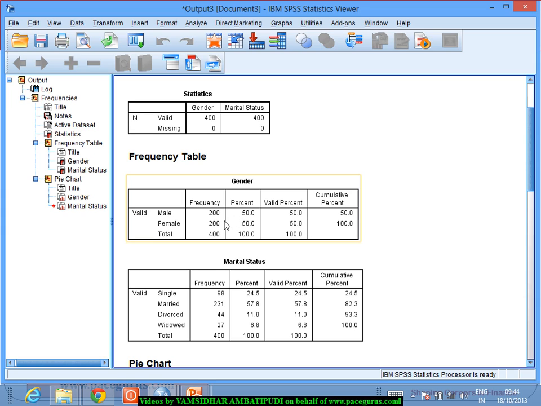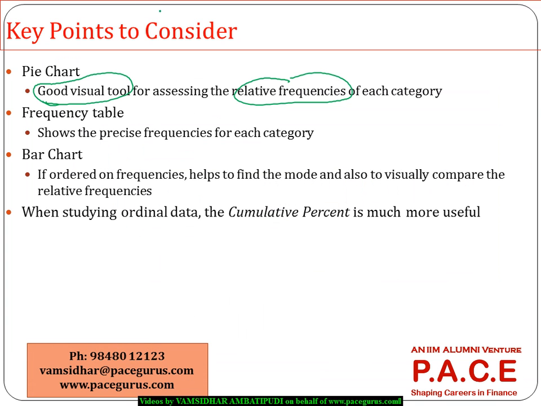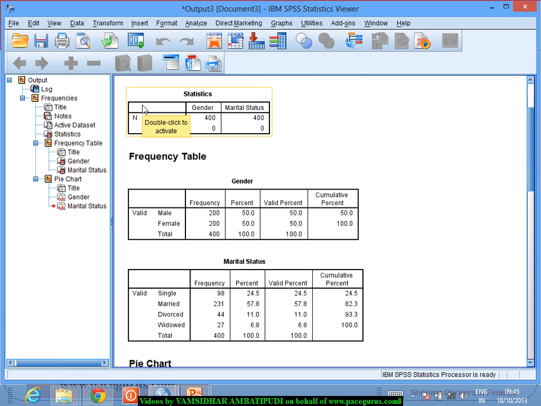But coming to this frequency table, it is directly giving us the precise frequencies for each category. What does that mean? Here we can easily make out that there are 200 males and 200 females, or here 98 singles are there in the data, 231 people are married, 44 are divorced, and 27 of them are widowed.